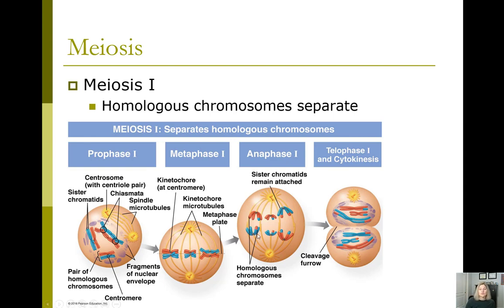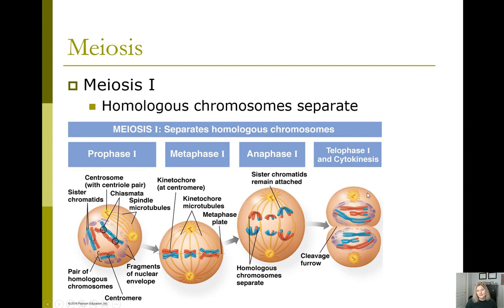And so the only thing that's getting pulled to the opposite pole is an entire sister chromatid pair. So the homologous chromosomes separate, but the chromosomes themselves, with their sister chromatids, stay together. Here's one chromosome with its sister chromatids pulling to one side. Here's another chromosome with its sister chromatids pulling to the other side.